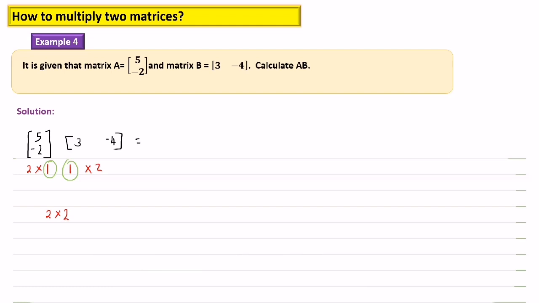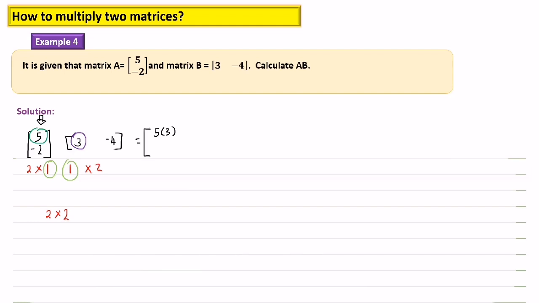Okay, so now first row we have 5 and first column we have 3. So 5 times 3. No need for plus, because if you look at the first matrix, it has 1 column, only 1 number, so no plus.